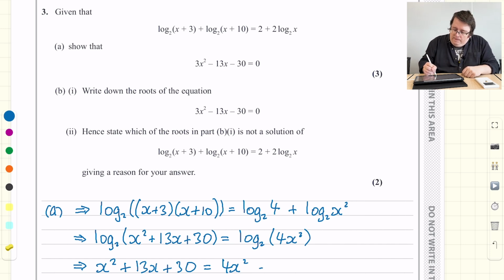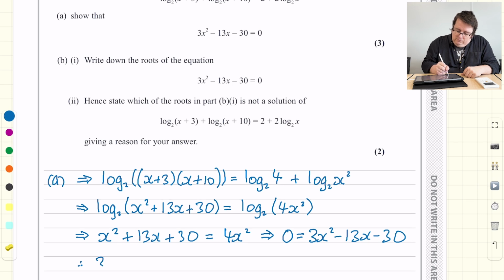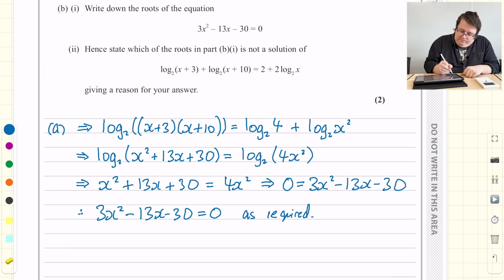So then we can subtract the x squared plus 13x plus 30 from both sides and get 0 is equal to 3x squared, take away 13x, take away 30, and so let's make sure we've got it written as it appears. As required.